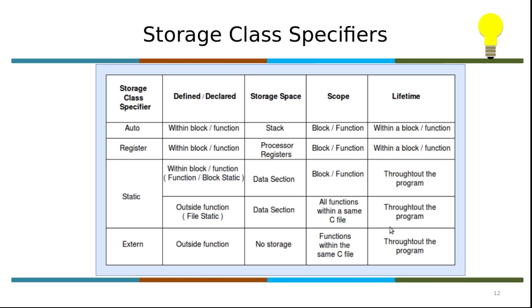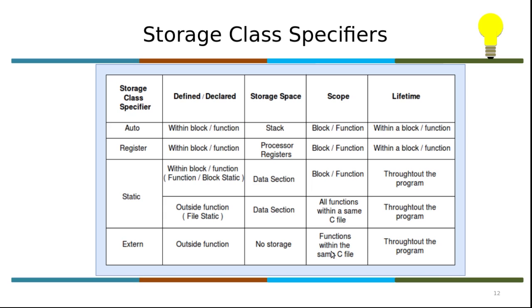External. You usually define it outside the function, or it can also be used within a function. Storage space: when you use external, that file will not have a storage for that variable because you defined it somewhere else. So functions within the same file. When you use external, that means the scope is within that C file. We can also use external within a function.